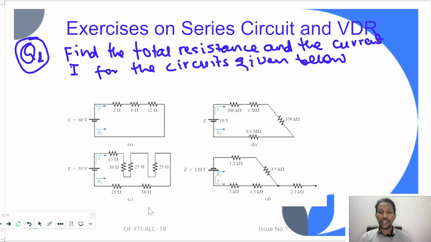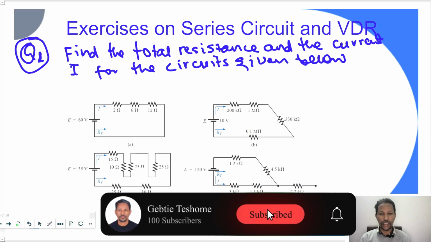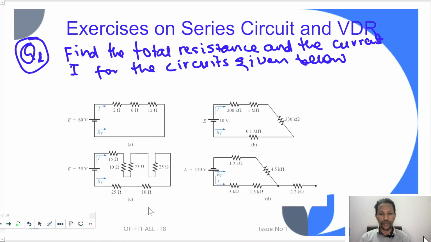Under this portion you can solve such types of questions, where you find the total resistance and the current for the circuit given below. You can solve them by yourself, as we have solved similar examples in the previous consecutive sessions.